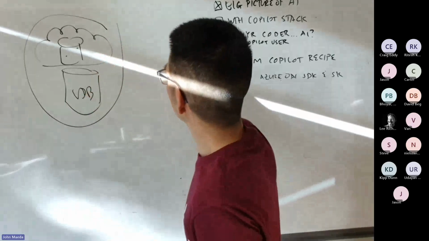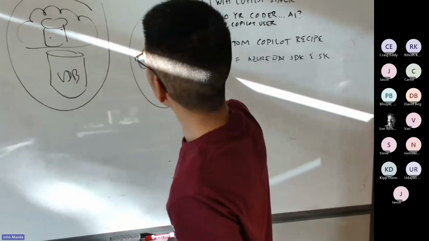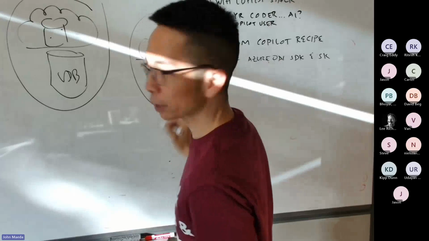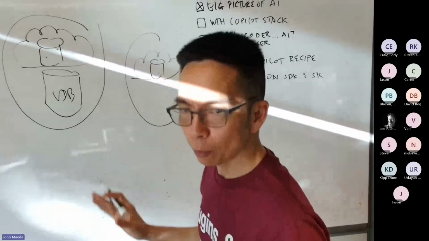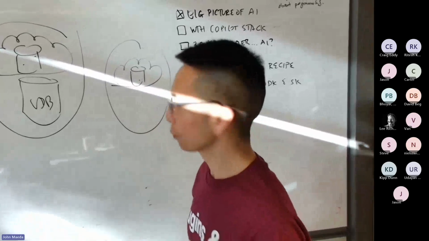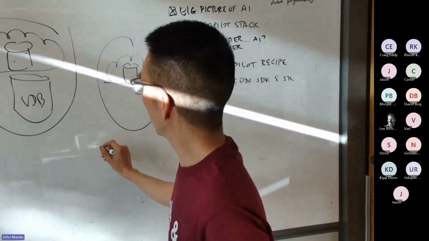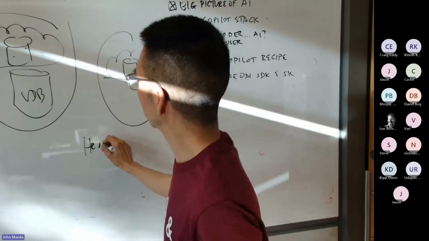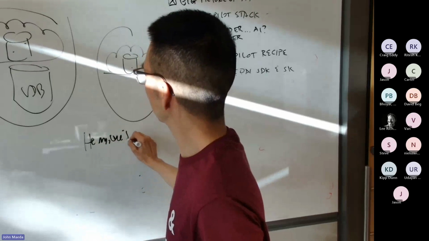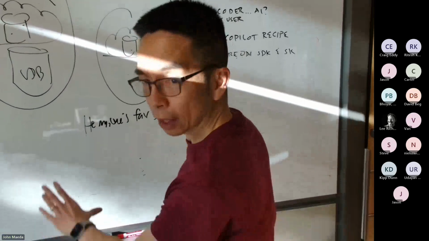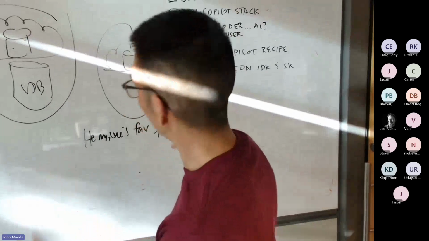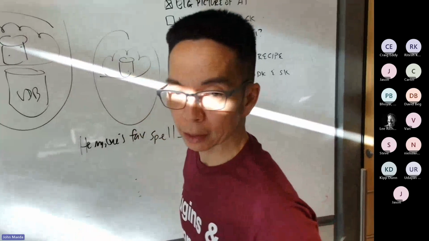I have a generative AI engine over here, a completion engine. So retrieval augmented generation. So remember, I have Hermione's favorite spell.